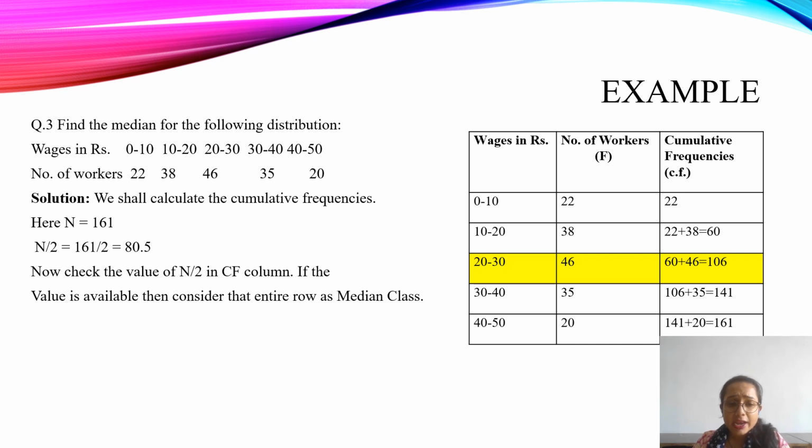If n by 2 is not available in the CF, then you have to check the number just greater than that number. Here 80.5 is not available, but the number just greater than 80.5 in the CF column is 106. So I have highlighted that particular row. That row is called your median class. With the help of this median class, we will solve our question.